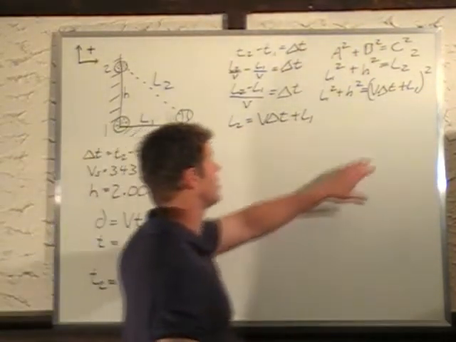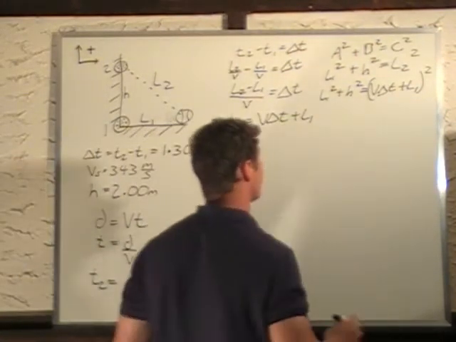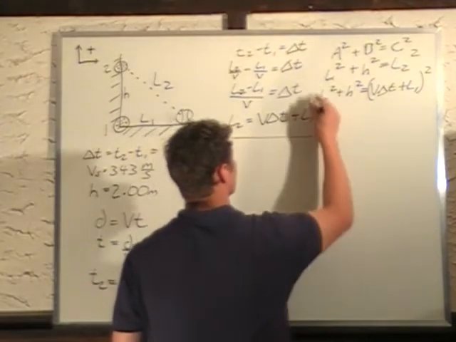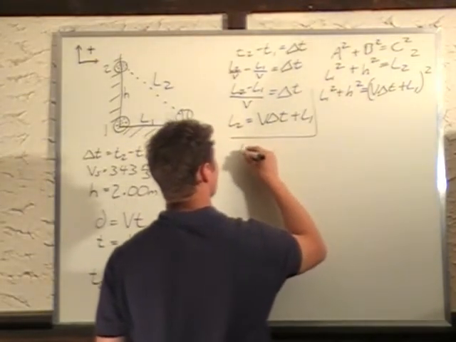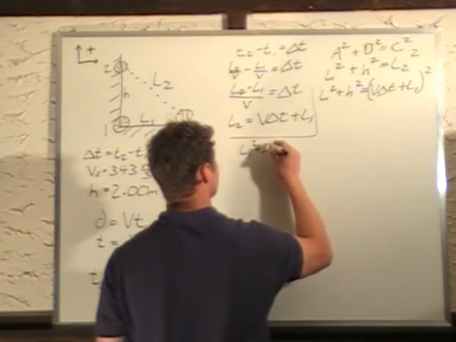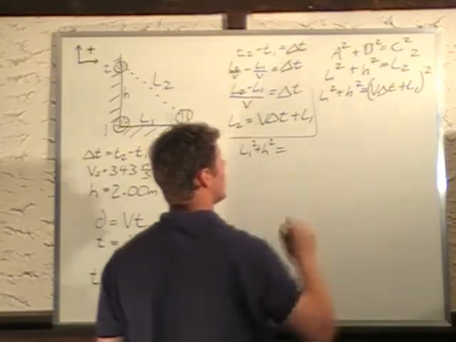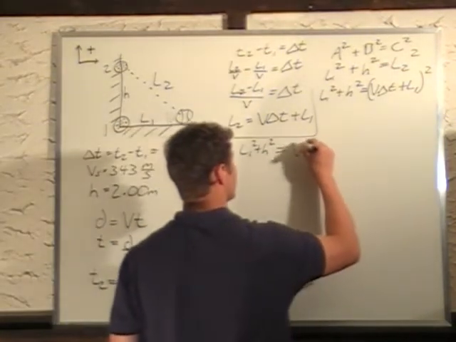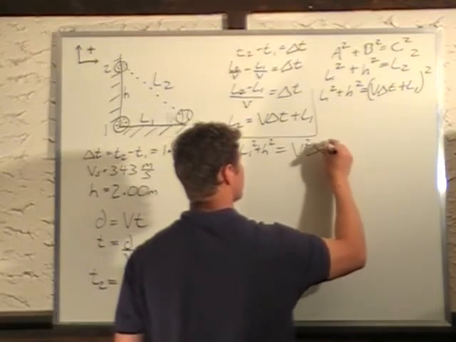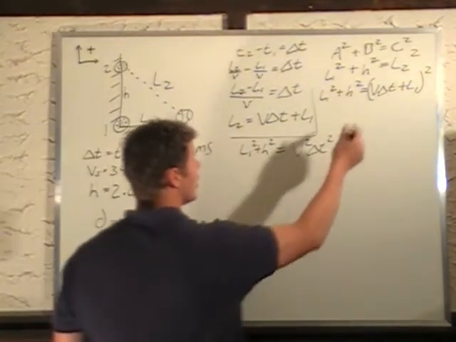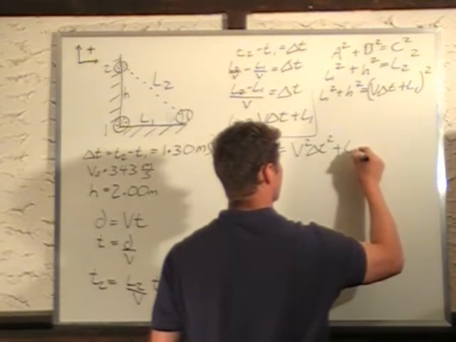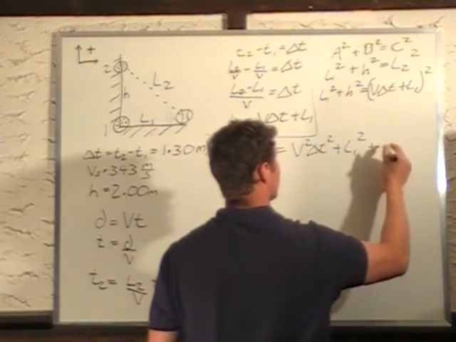Now I have to simplify this by squaring it through. I get L1 squared plus H squared equals V squared delta T squared by doing the first term. The second term gives me L1 squared, and I get my cross terms, 2V delta T L1.